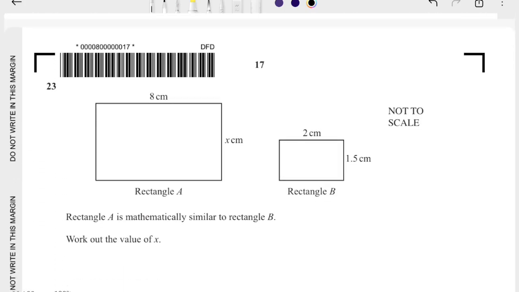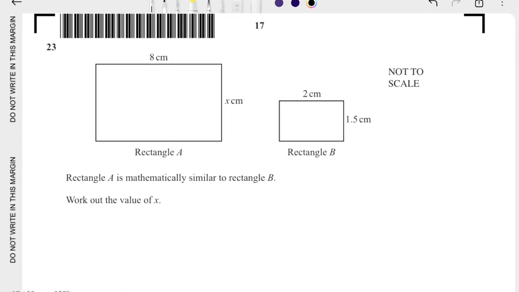Now question number 23. Rectangle A is mathematically similar to rectangle B. Work out the value of x. We know that in case of similarity, their corresponding sides are proportional. So if you see this side and this side are proportional to each other, and this side is proportional to that side, so we can make their ratios.